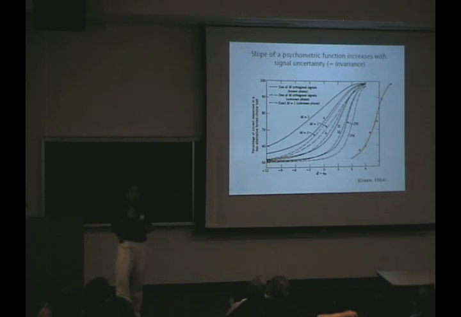Well, it turns out that one explanation for the steepness of the log slope is that if you assume that the observer is not monitoring just one tone, but there's an uncertainty in the observer. The observer is simultaneously monitoring multiple tones because the observer, or the listener in this case, doesn't really know when the tone starts, when the tone ends, or what is the phase of the tone, or maybe what is the frequency of the tone.